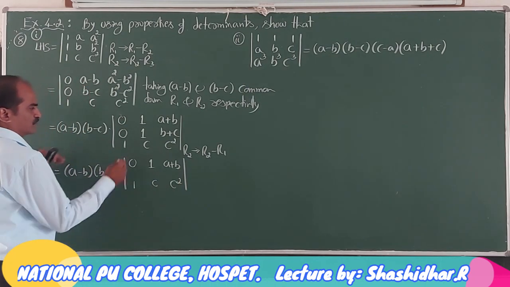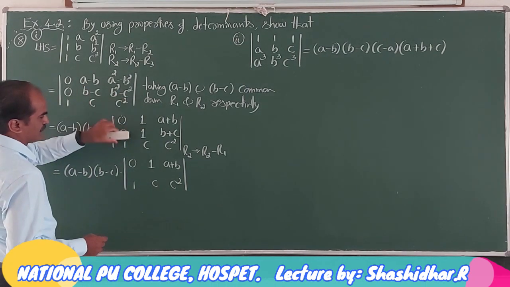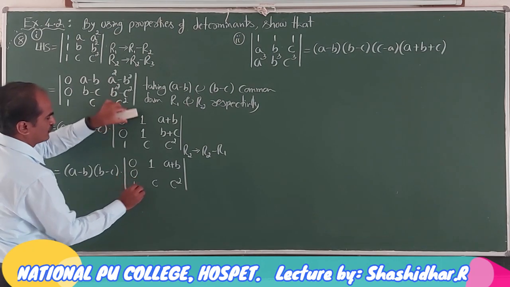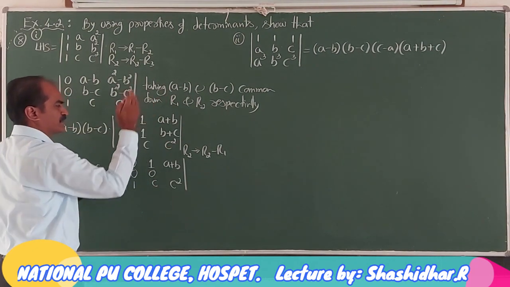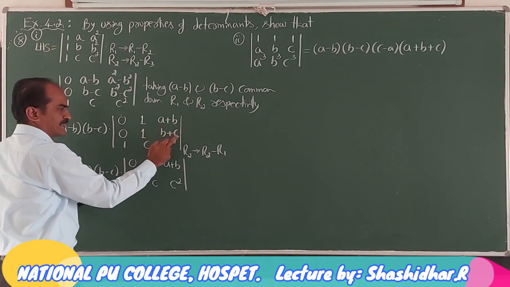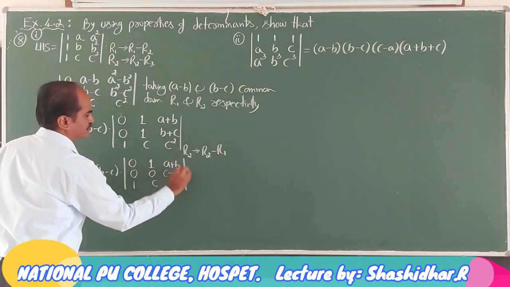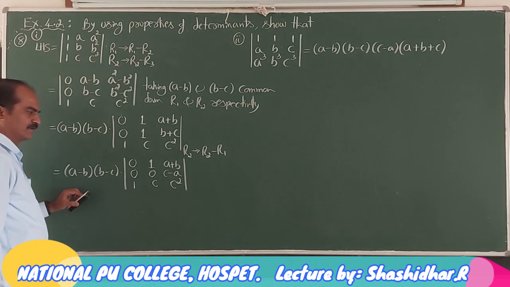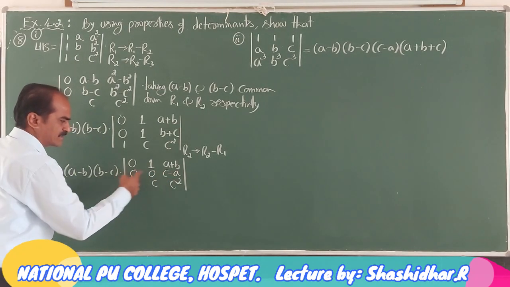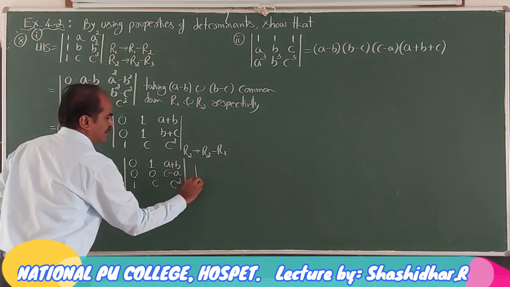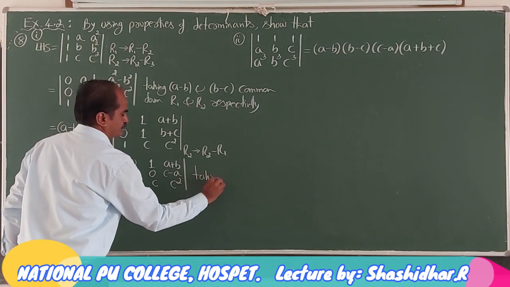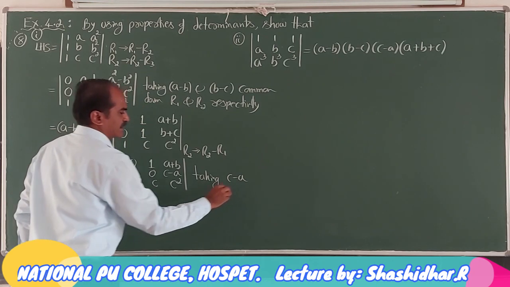Now change R2. R2 minus R1, 0 minus 0, 0, 1 minus 1, 0, b plus c minus of a plus b, b minus b gets cancelled, c minus a I get. Now look at the second row elements, they are multiples of c minus a, I will take it outside, taking c minus a common.